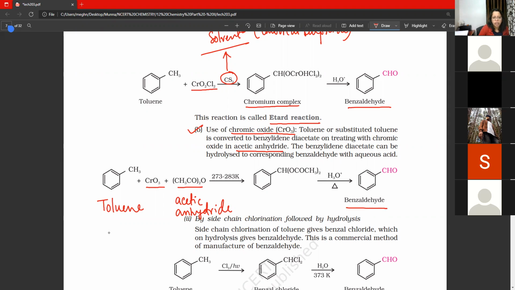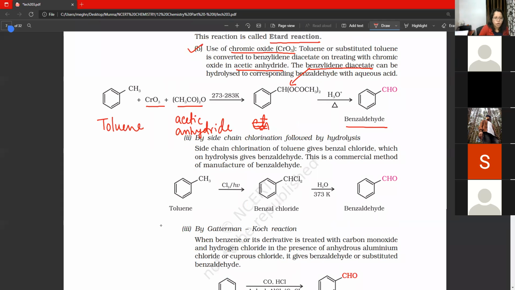Okay, this is called a complex compound. It's called benzylidene diacetate. On hydrolysis, it gives us benzaldehyde.